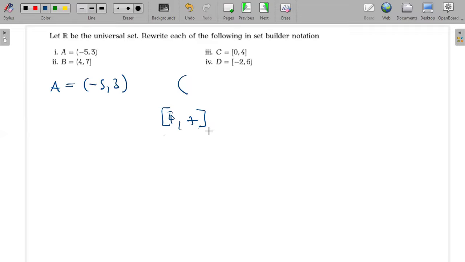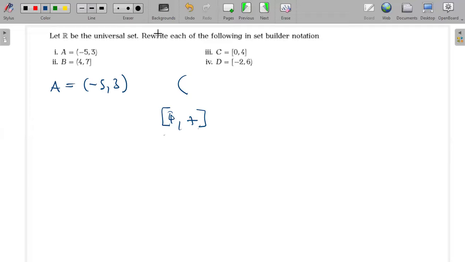We cannot even count them. Between 4 and 7, there are so many numbers that we cannot count them, because every number that has a point, 4.1, 4.2, 4.3, 4.0001, 4.0002, all those numbers are going to be part of there. So there will be a lot of numbers.